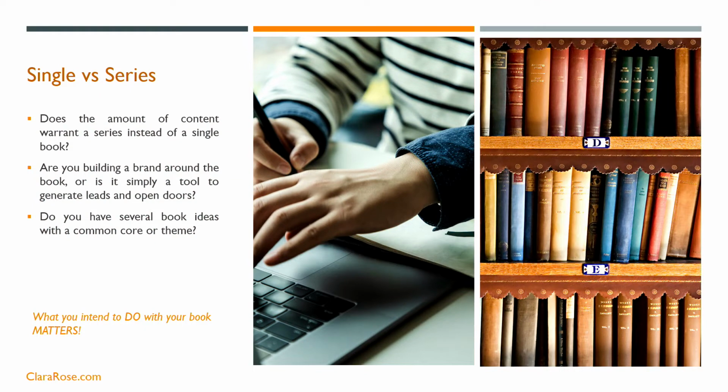Okay, what is the next thing you should consider when you're trying to decide if it's going to be a single book or if it's going to be a series? The next question is, do you have several book ideas within a common core or theme? So here is a really good example for you. I have a book series. It's the Everything Matters series, and it's a common theme. Everything matters, right?